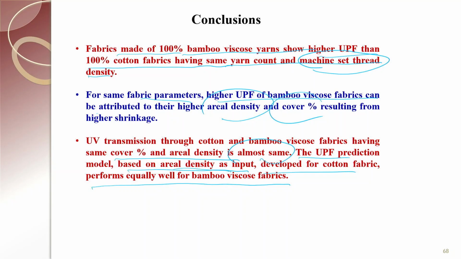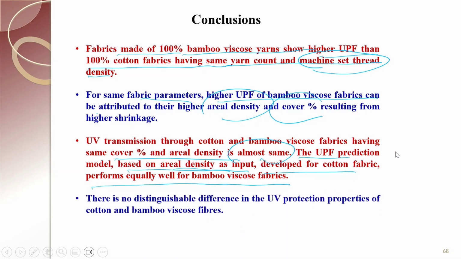We can give the input of areal density to predict the UPF of both bamboo viscose and cotton, not the cover factor model, and there is no significant difference in UPF value for cotton and bamboo viscose fabrics.